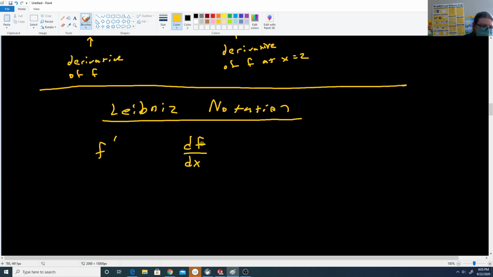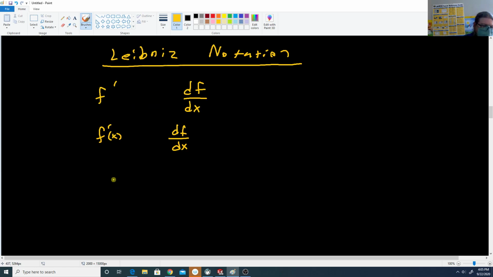So the derivative of f with respect to x. So f prime would be notated that way. If you want to do f prime of x, a lot of times they'll still do it as df dx in Leibniz notation. So it's the derivative of f with respect to x, and both of these mean the same thing, the derivative of f, and usually it's with respect to x.